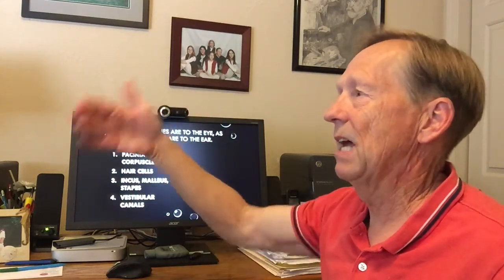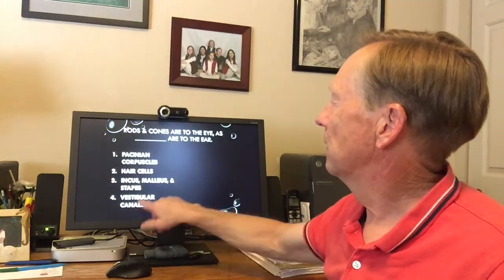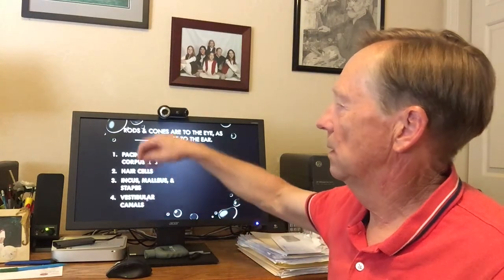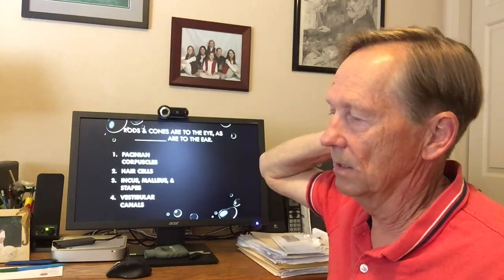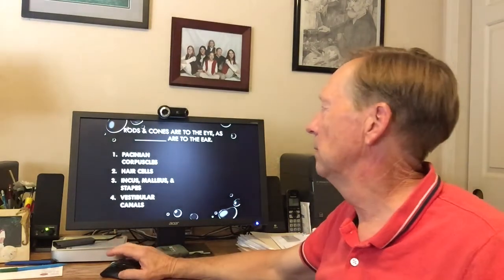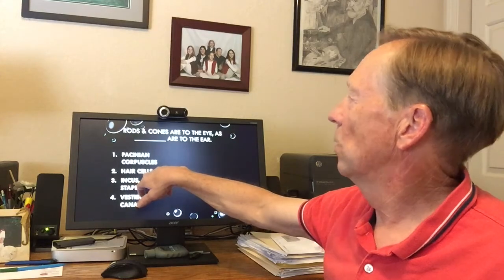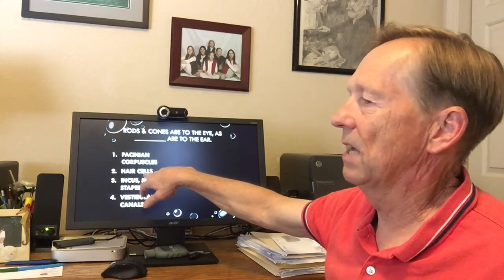They amplify the sound waves as they come in. Vestibular canals are the part, again, above the ear that allows us to understand body orientation and movement and so on. But it's the hair cells in the cochlea where transduction of sounds actually occurs.